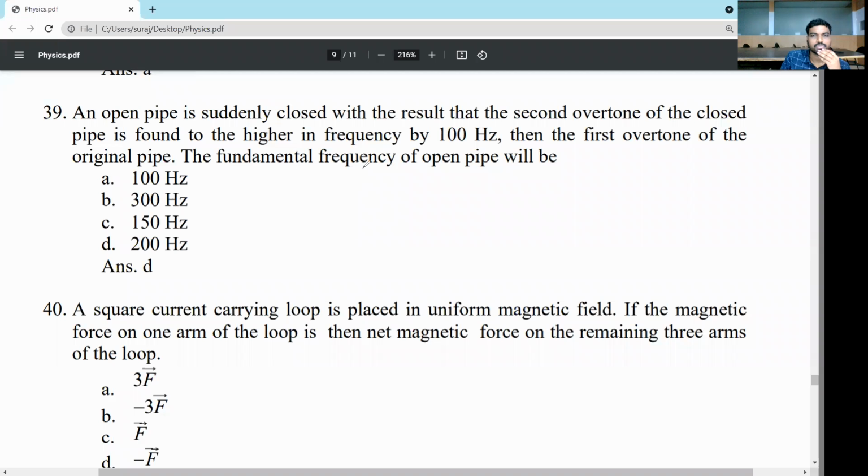Now what is given? The open pipe is suddenly closed, and the second overtone of the closed pipe is found to be higher in frequency by 100 Hz.